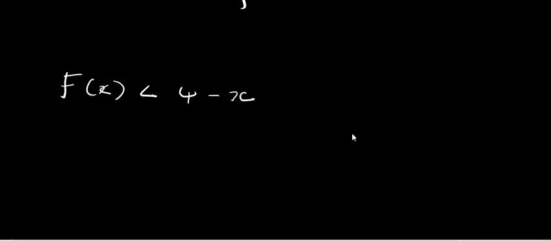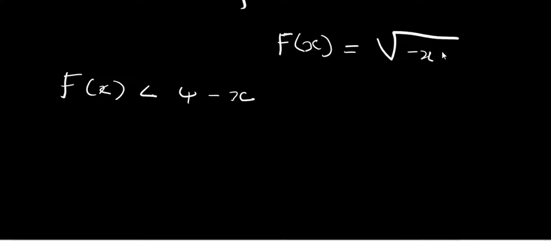So we have been asked to find the range of values of x, and we know that f of x is simply equal to square root negative x plus 4. All right, so how can you solve such a question? That's where everyone is trying to ask and find out.